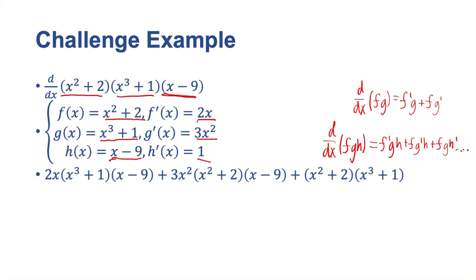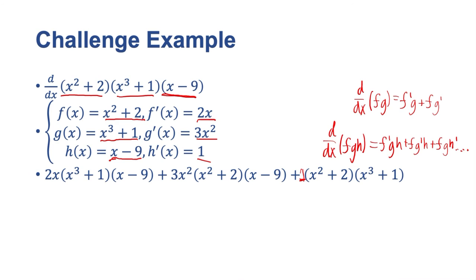We get 2x times x cubed plus 1 times x minus 9 plus 3x squared times x squared plus 2 times x minus 9 plus x squared plus 2 times x cubed plus 1. And note there's no coefficient here because h prime is just 1. So I guess I could put 1 there, but that doesn't really help our cause.